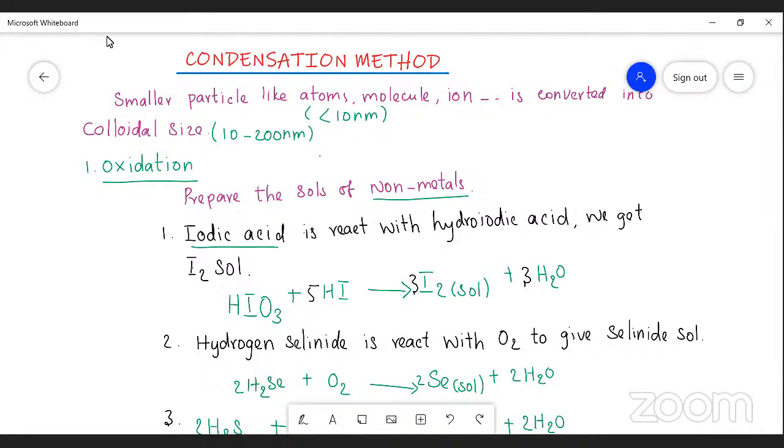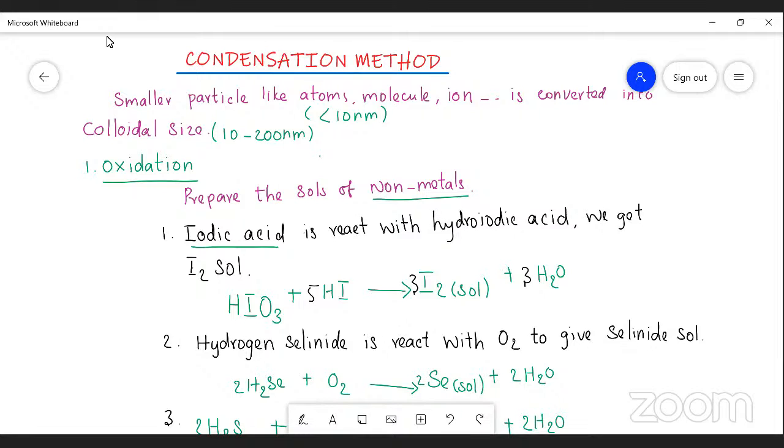Okay, so let us revise first. These are the chemical methods of preparation of colloids by the condensation method. First, what is condensation? Smaller particles, like atoms, molecules or ions, are converted into colloidal size, 10 to 200 nanometers. Then it is known as the condensation method.